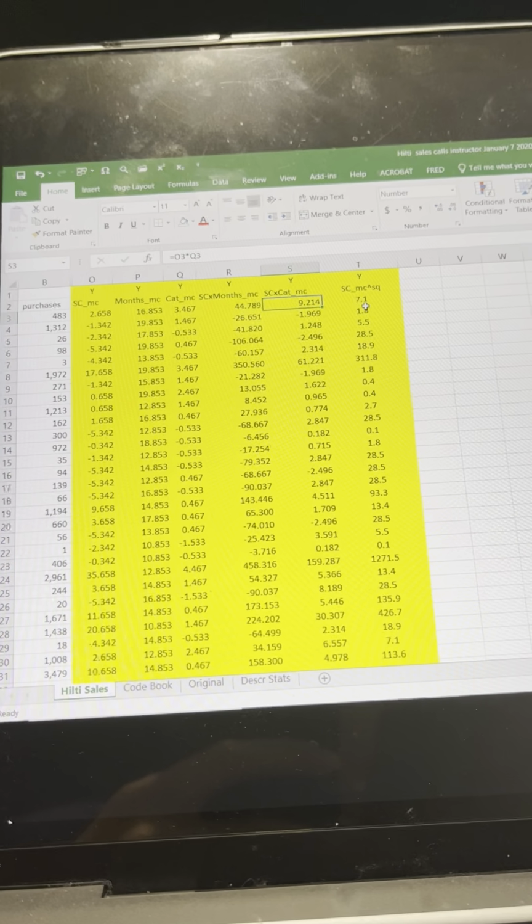I was saving some of the data as a holdout sample. So I only went down to row 2000, even though it would go down to almost 2,500. So I'm leaving some of this. And I'm going to use column O through T.